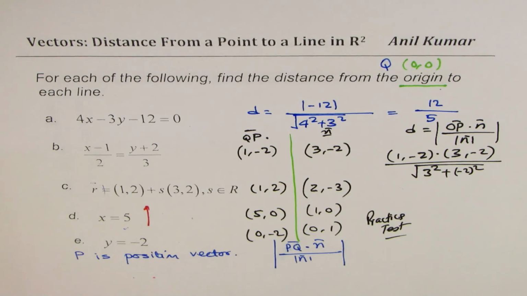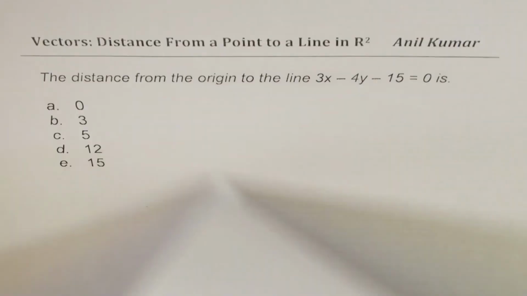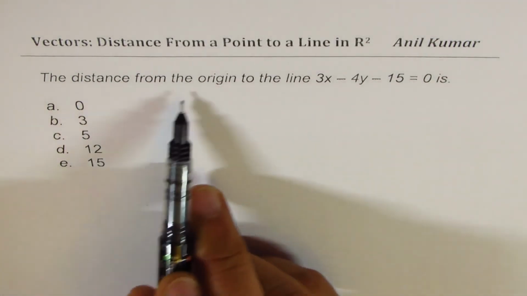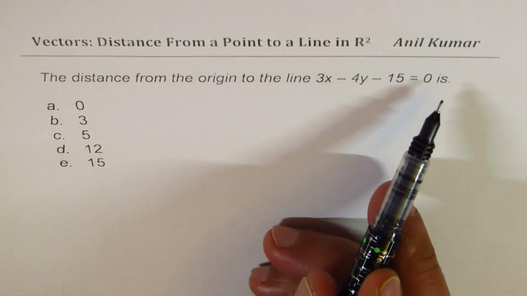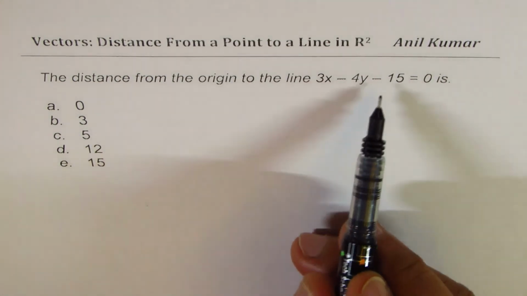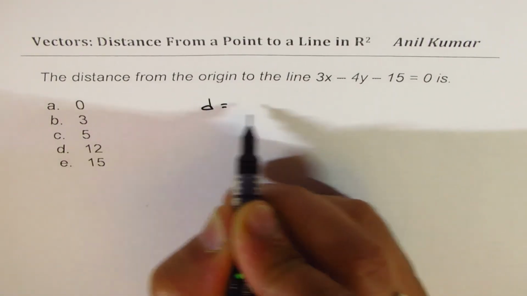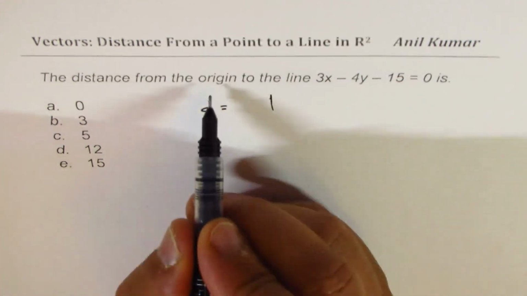Okay. Now let's take the last question here, which is a multiple choice question. Treat it as a test question. The distance from the origin to the line 3x minus 4y minus 15 equals 0 is what? Five choices are given to you. Remember, the distance has to be positive, so it is the absolute value, from the origin we are saying.